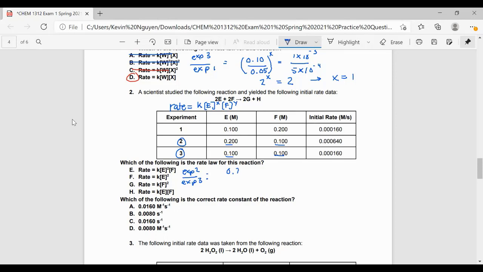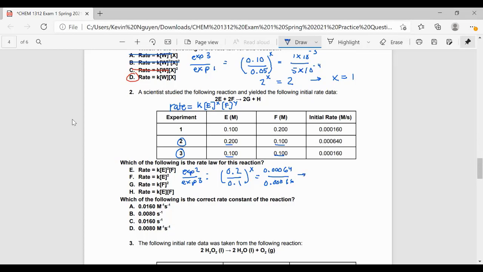So it looks like we have 0.2 over 0.1 to the X power. And then we have rate, 0.00064 all over 0.00016. That's a 1.